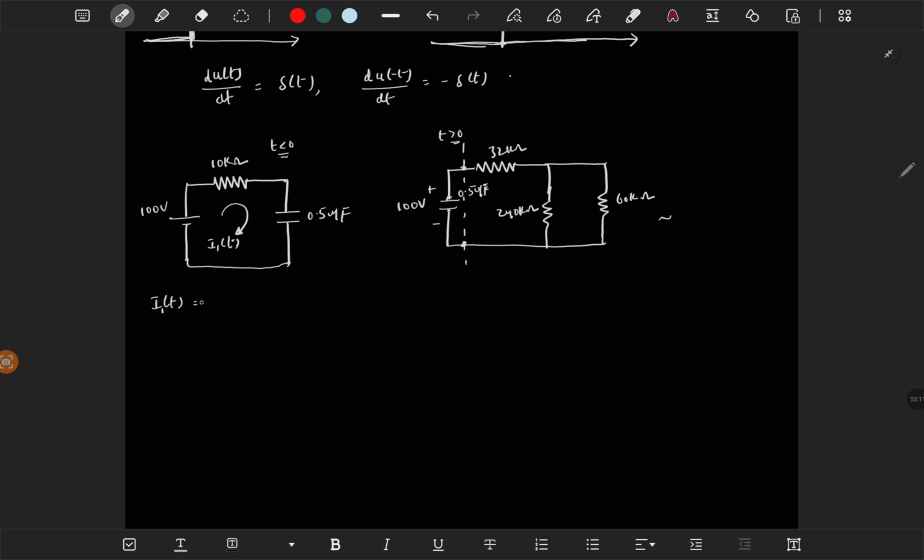So I1 of t is the final value, what is the final value? It is 0 plus initial value. Initial value is when it is short circuited, so it is 100 by 10 kilo, which is 10 milli. So final value plus initial value minus final value times e to the power minus t by tau 1 for t less than 0, which means 10 milli times e power minus t by tau 1.